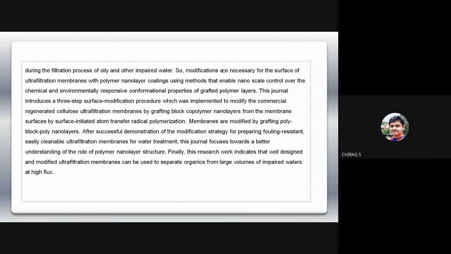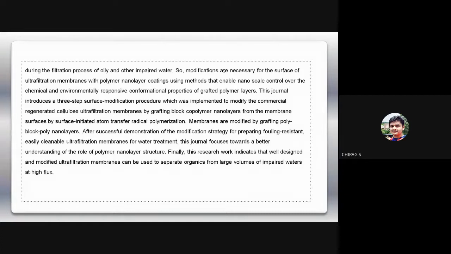After the successful demonstration of these modification strategies for preparing fouling resistant, easily cleanable ultrafiltration membranes for water treatment, this journal focuses on a better understanding of the role of polymer nanolayer structure. And finally, this research work indicates that well-designed and modified ultrafiltration membranes can be used to separate organics from large volumes of impaired waters at a high flux.